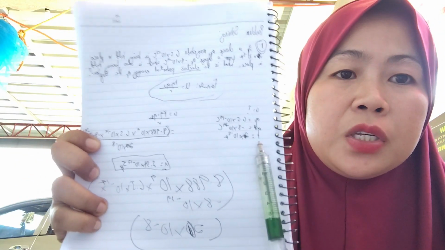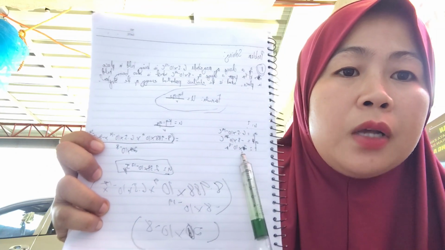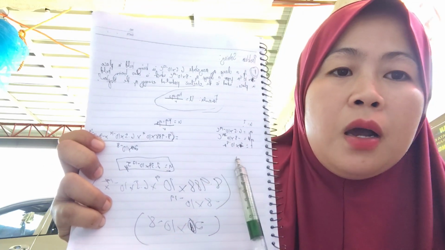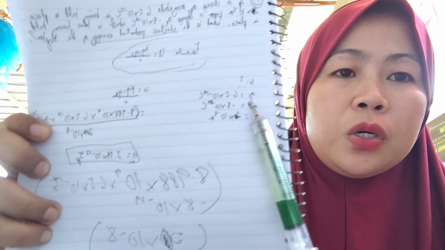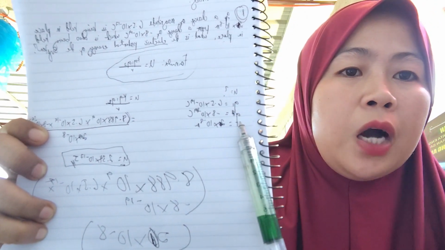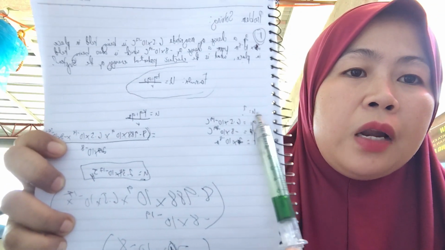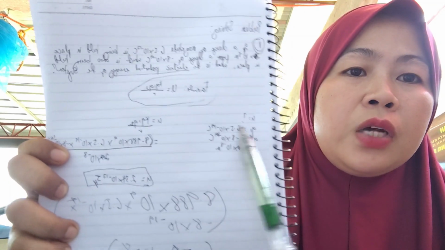And R, which is the distance, is 2 times 10 raised to the power of negative 8 meter. So Q sub 1, Q sub 2, and R are already given. What we are looking for is the electric potential energy.